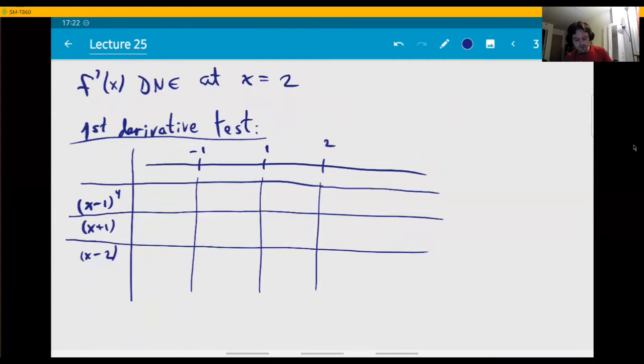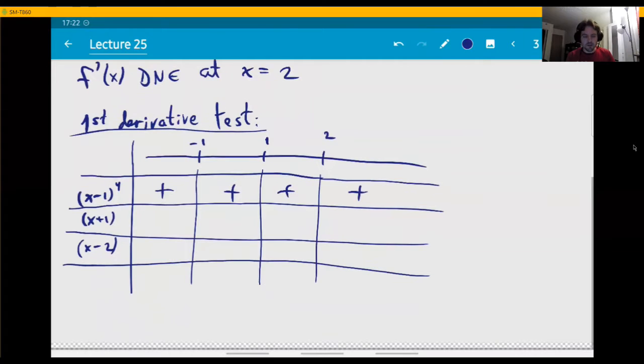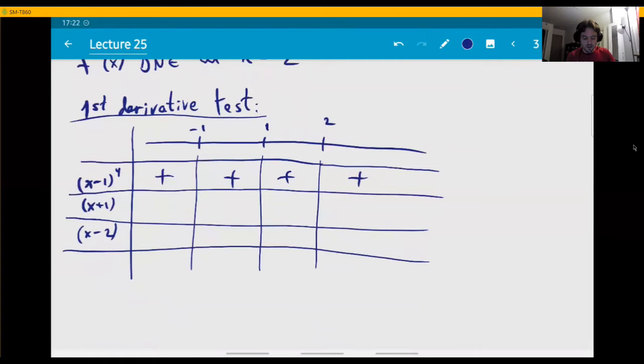That's going to be very easy to do, right? First of all, x minus 1 to the 4th never changes sign. That's always positive. X plus 1 is going to change sign at the number minus 1. It's negative before it and becomes positive afterwards. Similarly, for x minus 2, it's going to change right here at the number 2. Those are very easy to analyze.